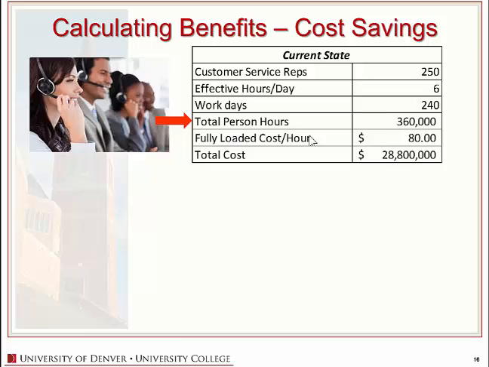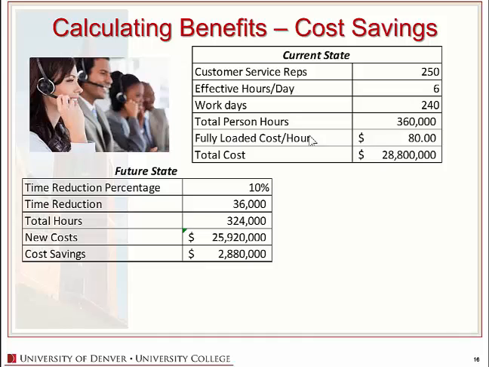Fully loaded costs are about $80 an hour. That includes not only the salary, but benefits and other employee overhead costs, taxes, that sort of thing, for a total cost of $28.8 million for this particular customer service center. Now, you implement your software enhancements, you expect a 10% reduction.